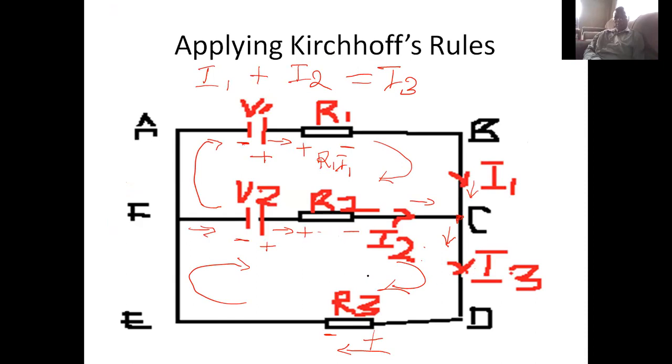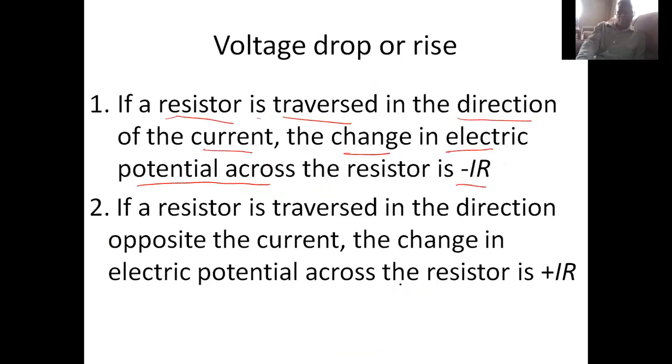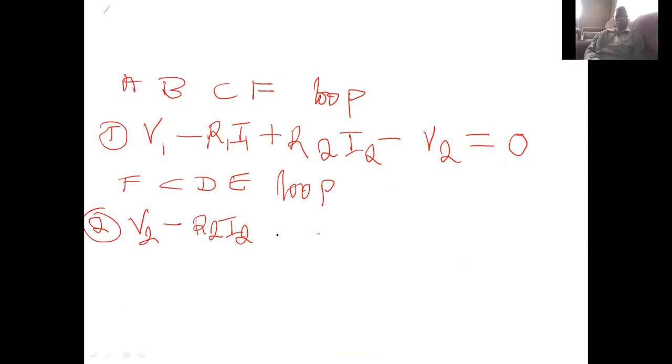We come here, and from positive to negative, that's a drop. Also, that one will be minus. And so we are going to have resistor number 3 multiplied by current number 3, which is going to give us 0. So this is how basically you can use the loop rule.